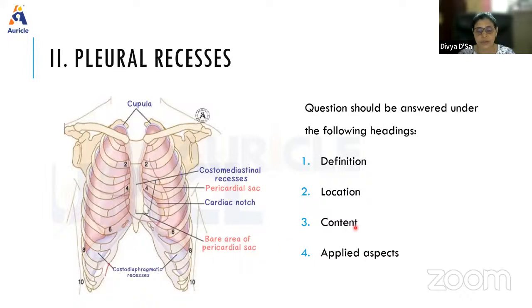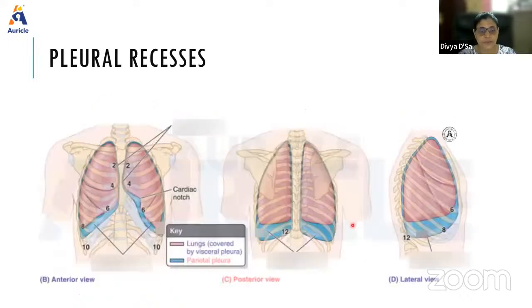So now, what will you write is, first we have to know the boundaries of it. The costodiaphragmatic recess is located inferiorly, between the costal and the diaphragmatic pleura.